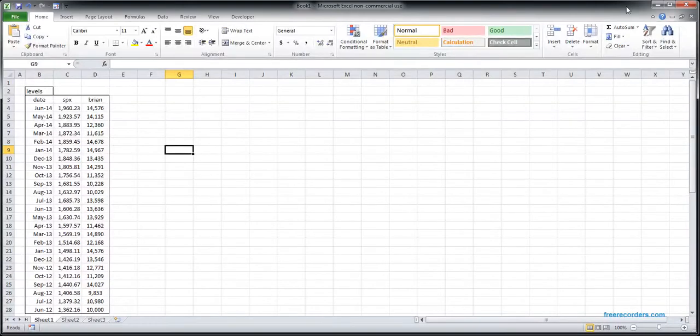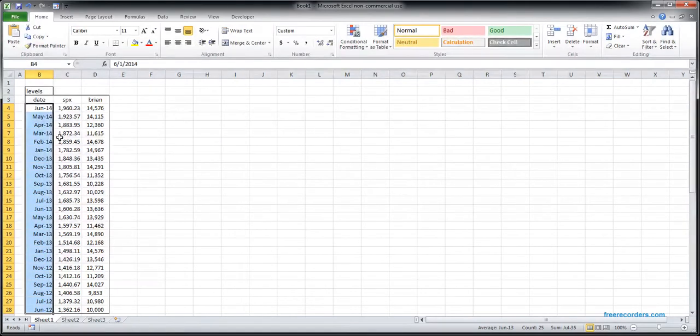So what you need to do is get data, and I've made an assumption here. I've gone back for the last 24 months or so, from June 2014 back to June of 2012, so I've got 25 months here.